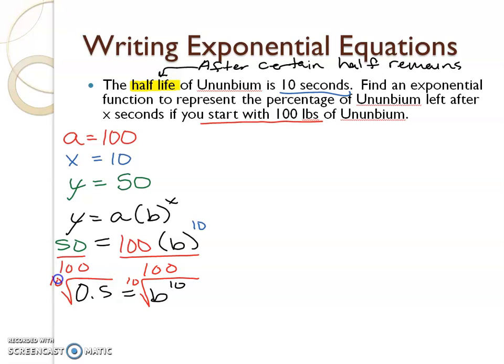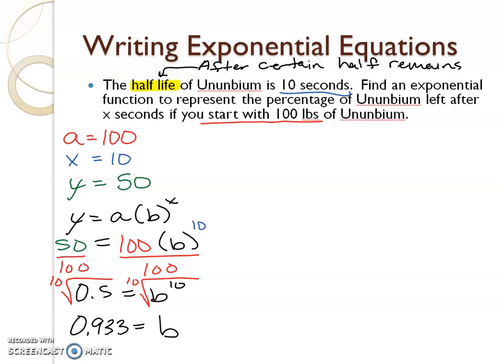And I've got to do that to both sides. So I end up with B equals the 10th root of 0.5. Again, if you're using your calculator, make sure you put the 10 in. Then hit the second square root with the x. And I've got a 0.5 in the middle. And I end up with 0.933.